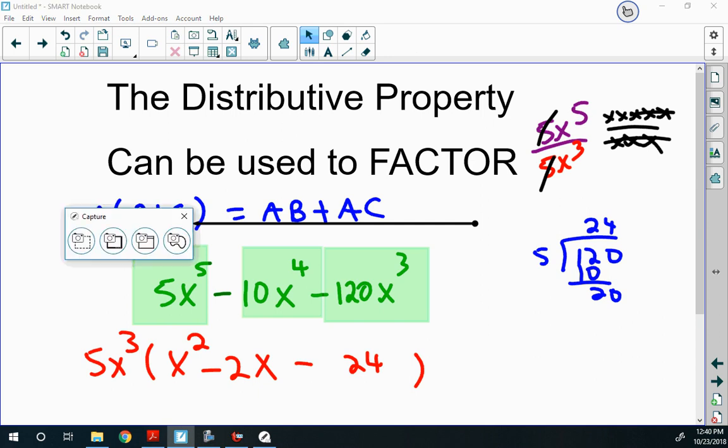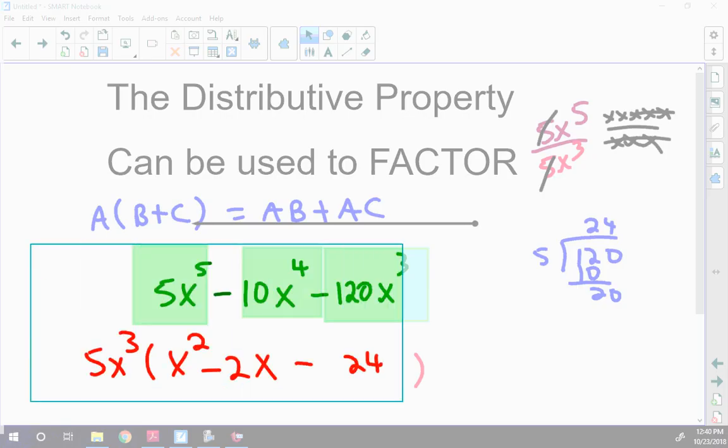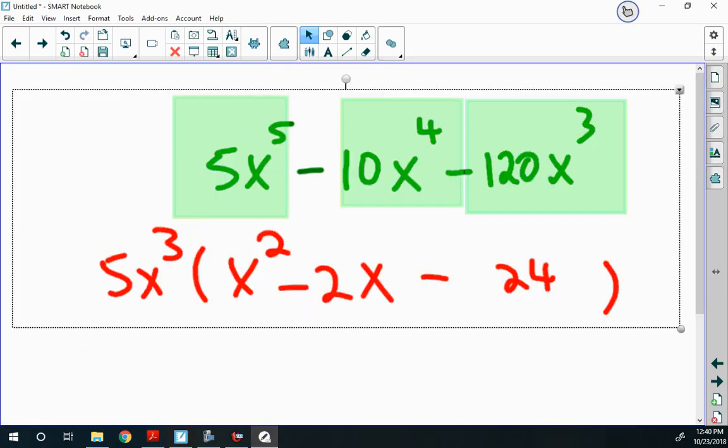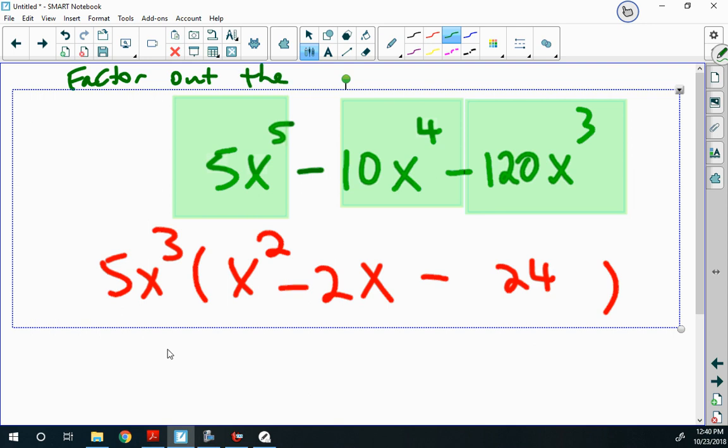So, just when you think you're done, remember I talked about the directions? Suppose this particular problem said factor out the GCF. If that's all it said, we'd be done. We just factored out the GCF.